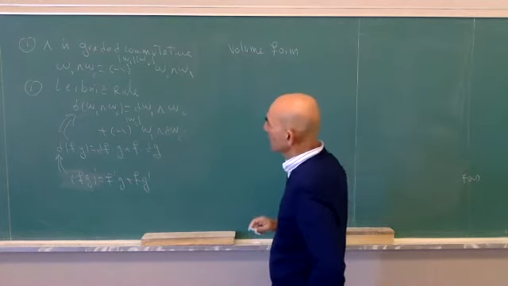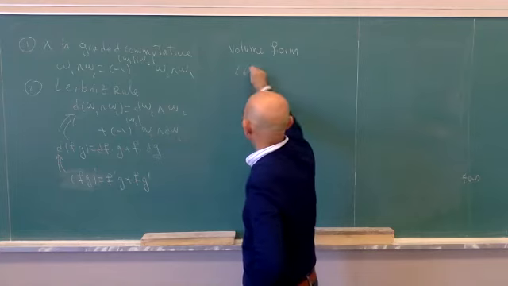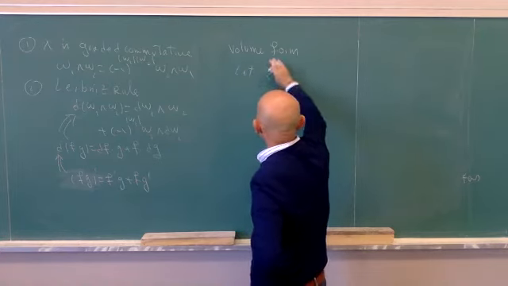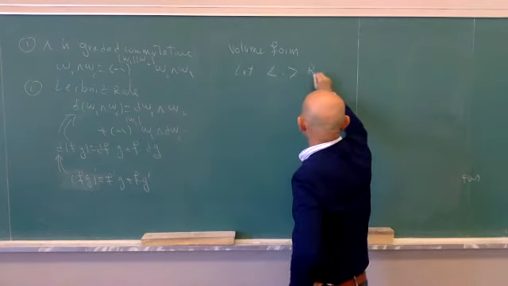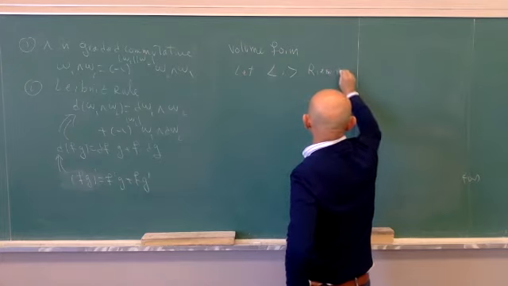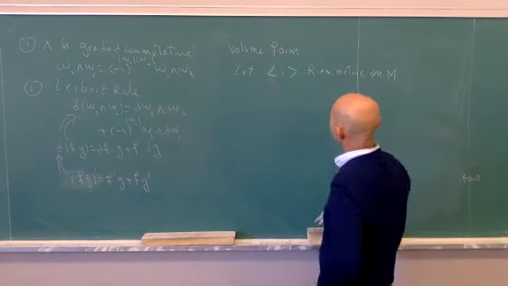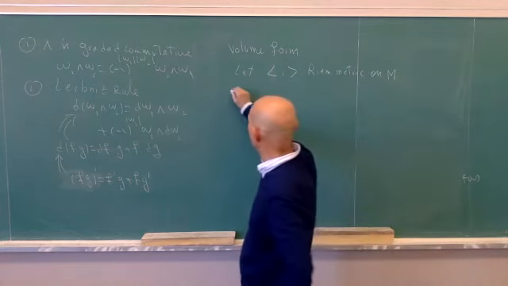So now let us put a Riemannian metric on the manifold. Let g be a Riemannian metric on M. And let's assume that M is oriented.